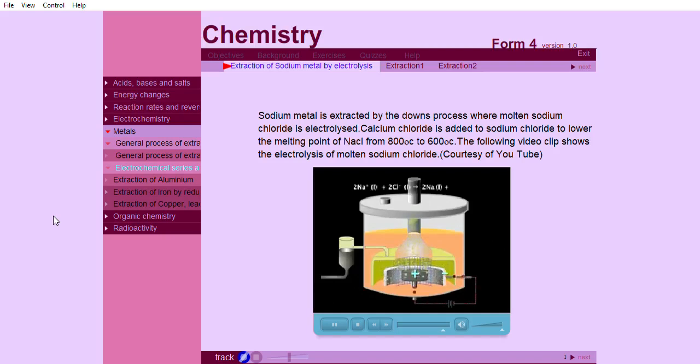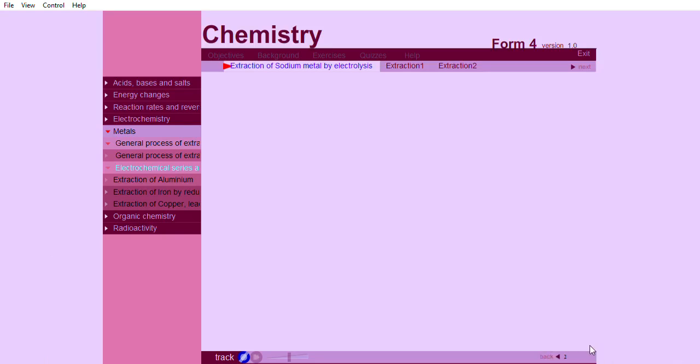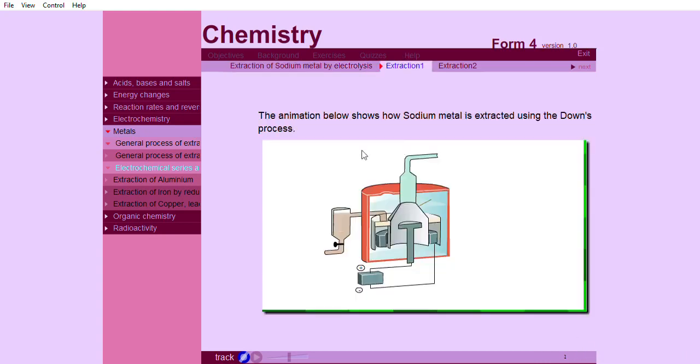Here's the equation for the overall reaction. The animation below shows how sodium metal is extracted using the Downs process.